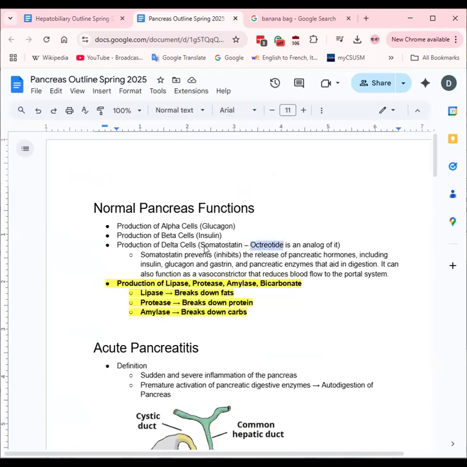But the point is, this is something your pancreas actually makes. It can be used as a constrictor for the portal system, but it can also be used to inhibit the pancreatic hormones, which is why you'll see it again as something that helps prevent some of these pancreatic issues.